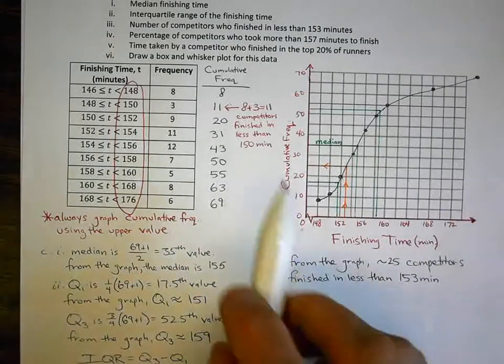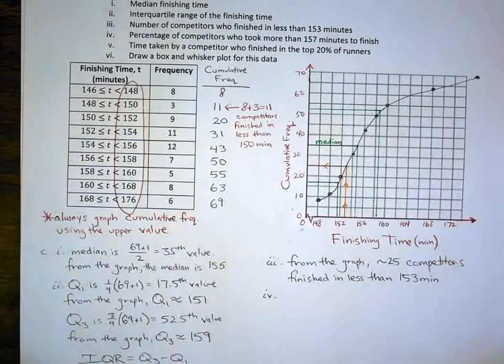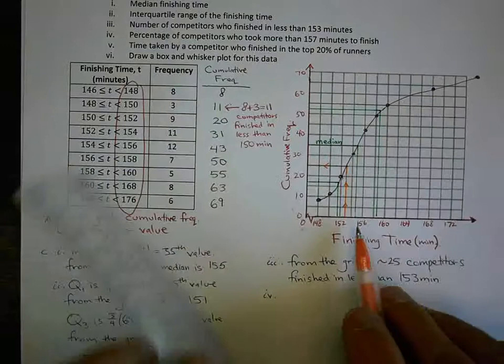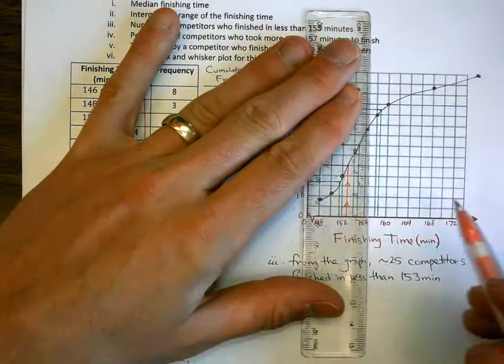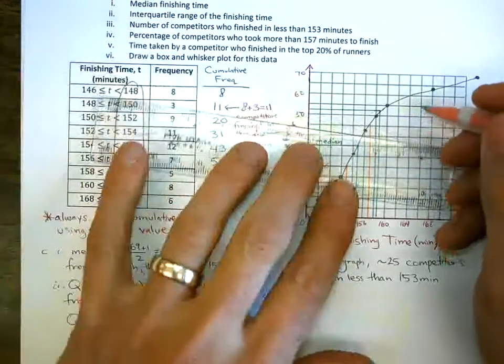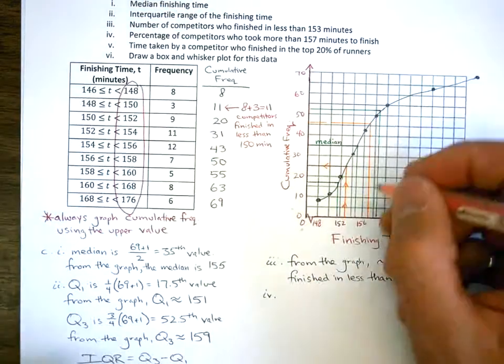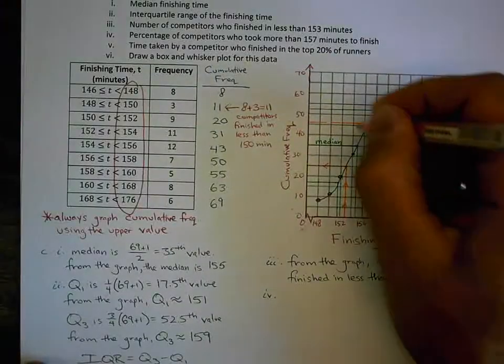Number 4 is asking, what percentage of competitors took more than 157 minutes? Okay, so 157 is here. So again, I'm going to do the same thing. I'm drawing a line up and then across. You can show arrows if you want.